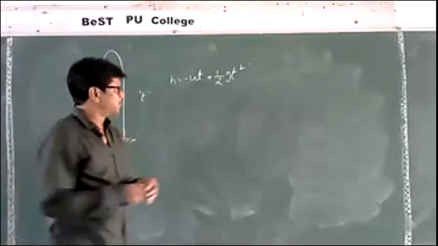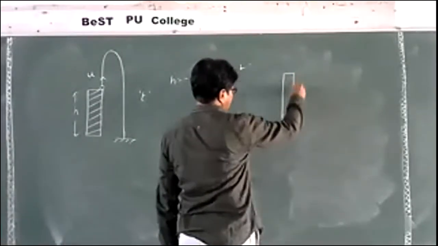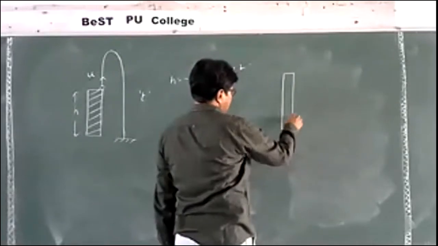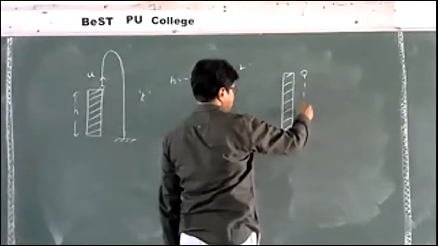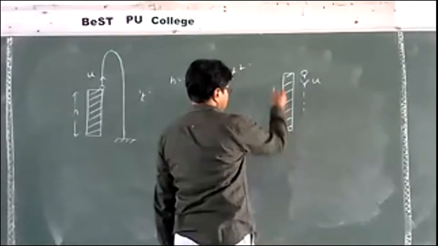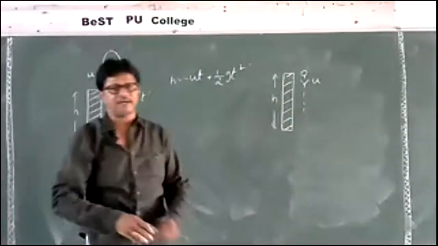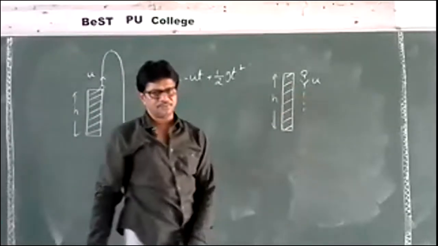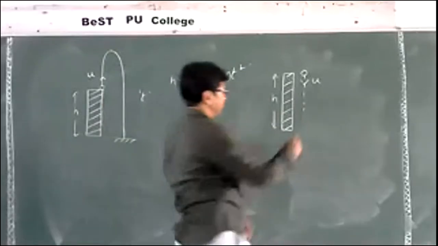Here, the same formulas, for example, when you project a body vertically downwards from a certain height with a velocity u, then what formula do we use to find h?